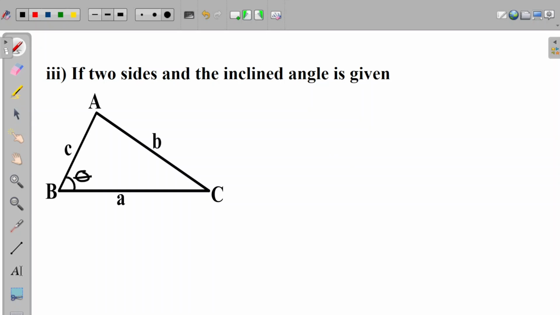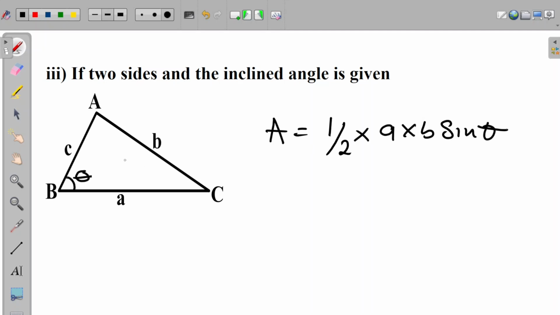Also, the third way to obtain the area of a triangle is if two sides and the inclined angle is given. Now we have an angle here. So the area of the triangle can be given as half times A times B sine theta. This is obtained if side A and B only is given with the inclined angle, or we have half times A times C sine theta.